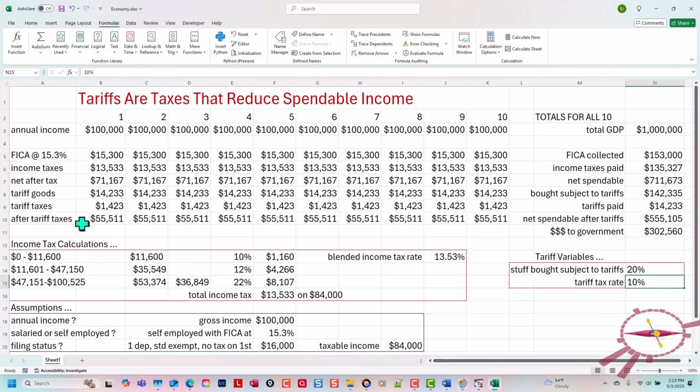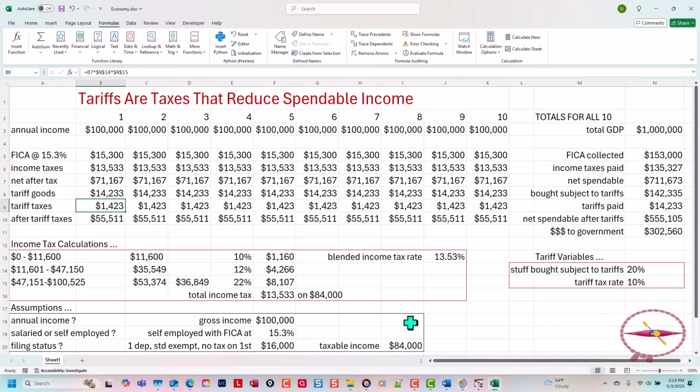Accordingly, that means we buy $14,233 of tariff goods a year, so we have to pay at 10% $1,423 in tariff taxes. Not a lot of money, but still a lot more than zero, giving us only $55,511 to spend after we clear the tariff items out.